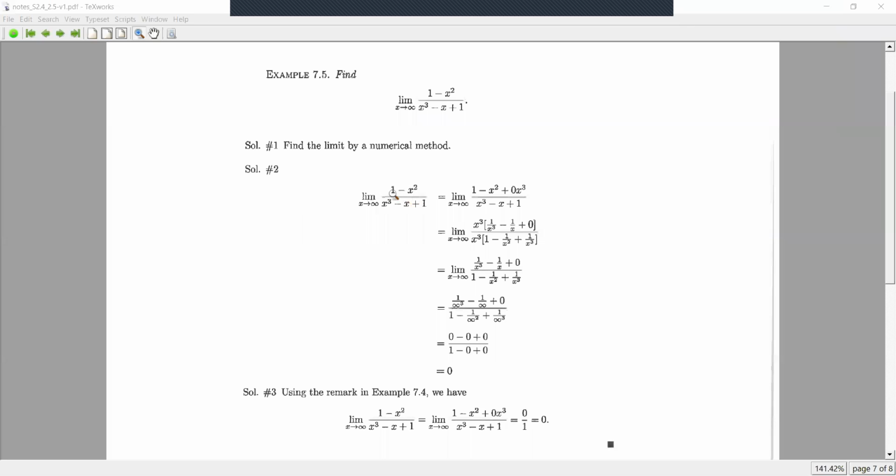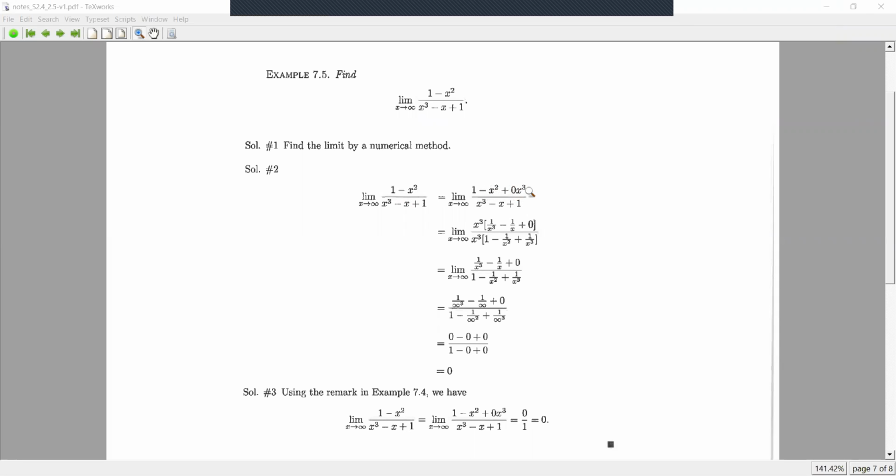First, let me write the polynomial on the top into a polynomial of degree 3 by adding this term. Now, the two polynomials have the same degree. To simplify this function, I take the highest power out.